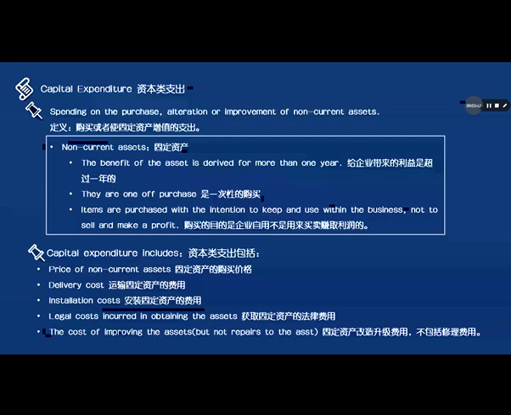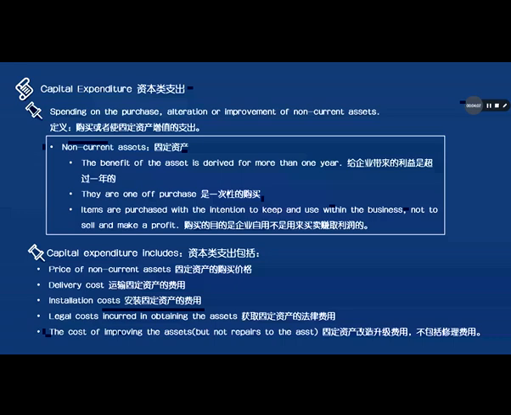So as all the above discussed, we can tell that the expenditure before the fixed asset reaches the condition of use is all called capital expenditure. So it's including the price, the delivery cost, installation cost. If there is legal cost, we need to include the legal cost.